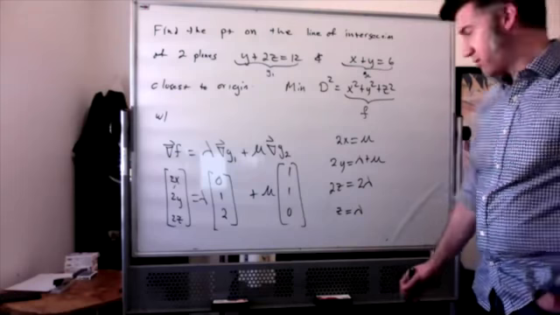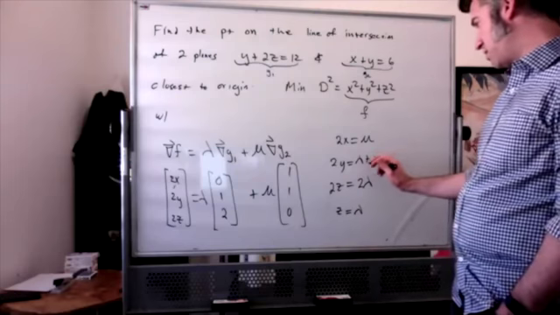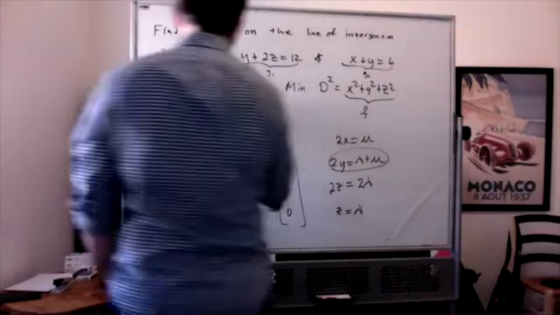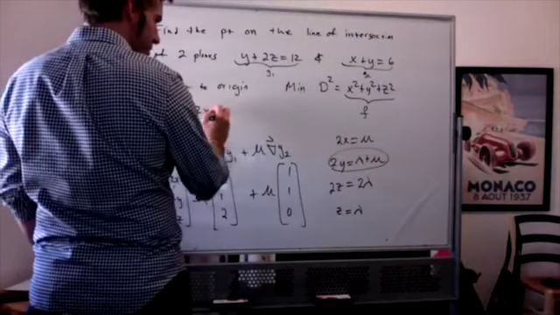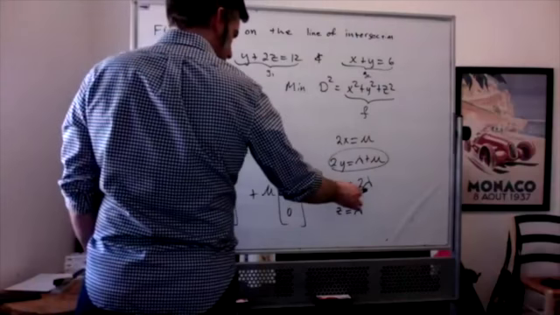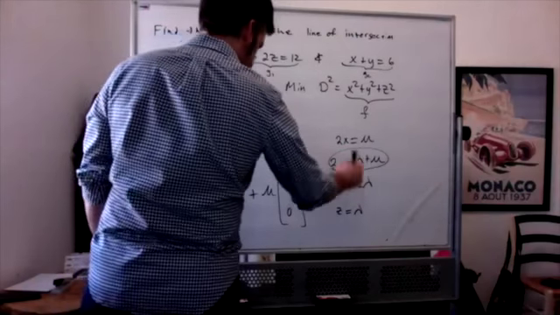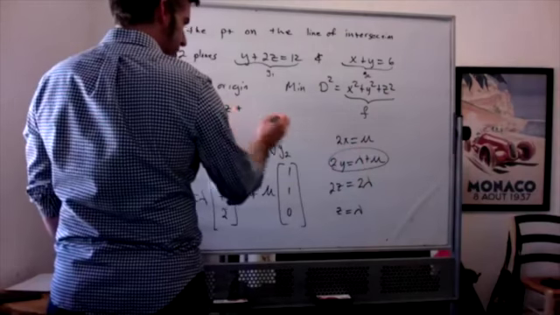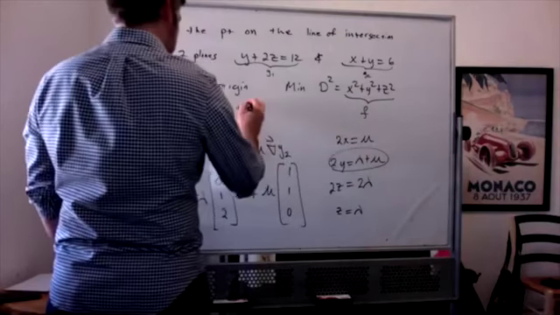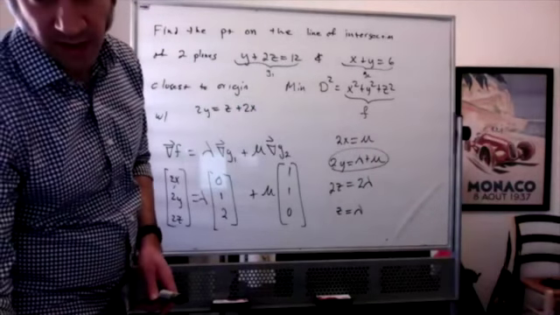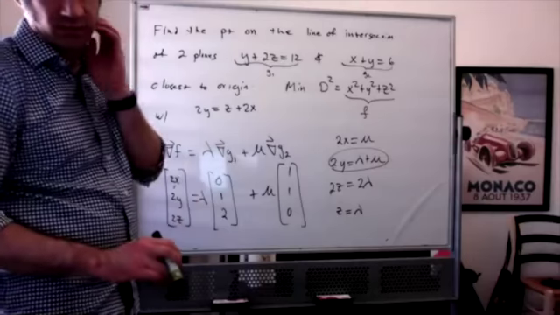Let's see. We can plug those in here and say that 2y equals lambda, so z, plus mu, which is 2x. Does that help? Maybe. We probably need another equation.